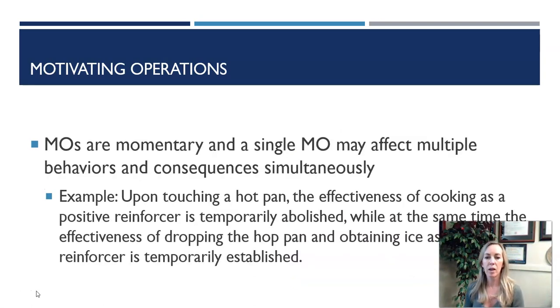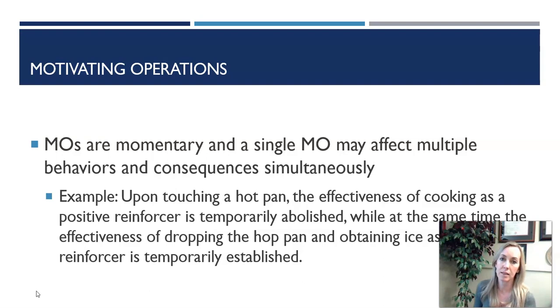All right, so one thing about motivating operations, they're momentary. So we're differentially motivated based on that state, right, of satiation and deprivation. So here in this example, normally what motivates us to cook? We're hungry, so we're motivated to cook. But if we go to cook and we grab a hot pan and burn our hand, all of a sudden it becomes this abolishing operation that decreases the value of eating.